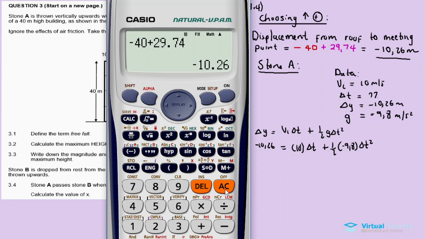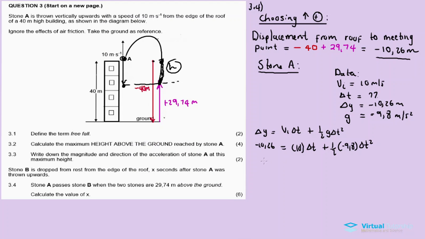So here, what do we have? Okay, I've calculated this one. Half, which is 0.5 times minus 9.8, answer negative 4.9. So here it's negative 10.26 equals 10 delta t minus 4.9 delta t squared.